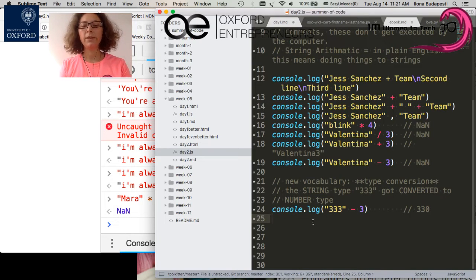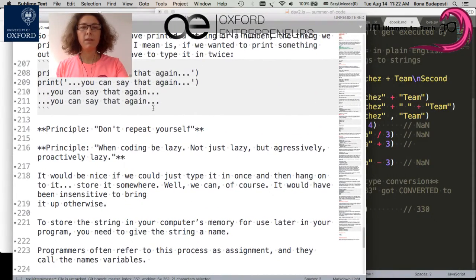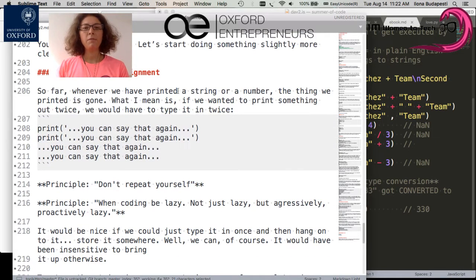But we might want to store some of this information so that we don't have to repeat ourselves. So far, whenever we printed a string or a number, the thing we printed is gone. What I mean is if we wanted to print something out twice, we would have to type it in twice.